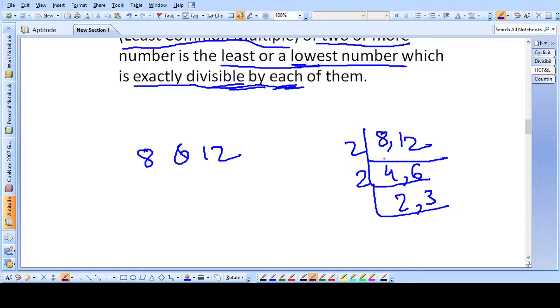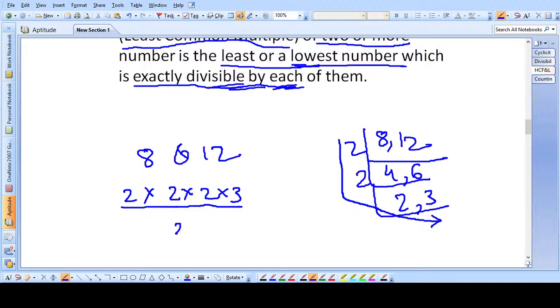Very simple. So take all the numbers which are in the ladder as well as the ones in the last row. Take all the numbers: 2 cross 2 cross 2 cross 3. So how much is this? 2 cross 2 is 4, 4 cross 2 is 8, 8 cross 3 is 24.